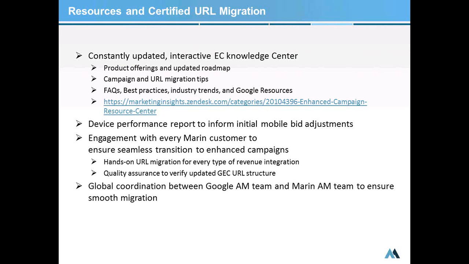Google has a great migration guide as well, which is a very good resource. Here's the link to that resource center. So I definitely encourage you to take a look at it if you have not done so already. And it also talks about our certified URL migration. So it goes into the process of how you can request it and what we will do to our URLs.